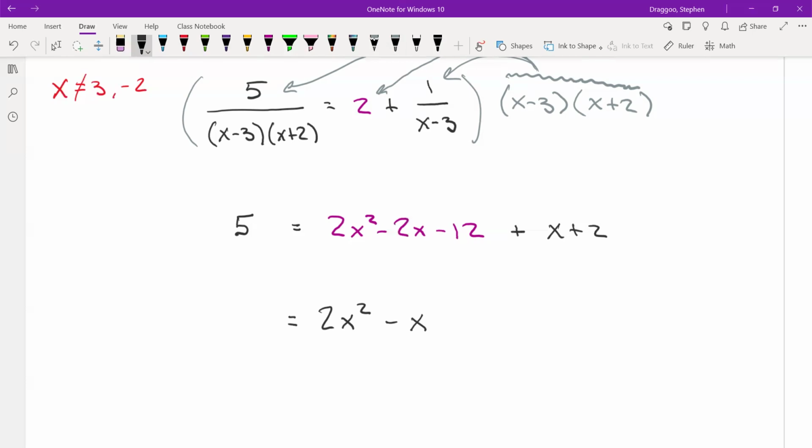And gathering up all of my constant terms, I have a minus 12 plus 2 minus 5, because I need to bring the 5 over to the right side, getting me minus 15. And the left side's going to be equal to 0.